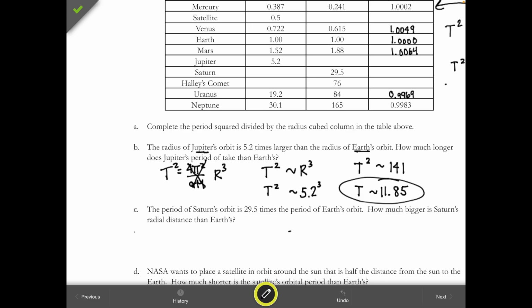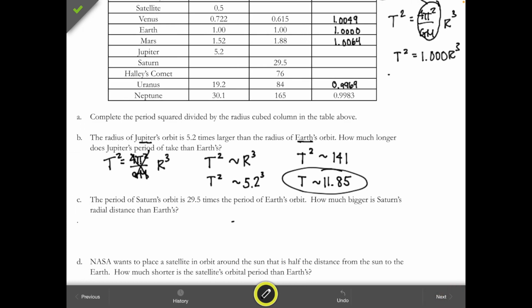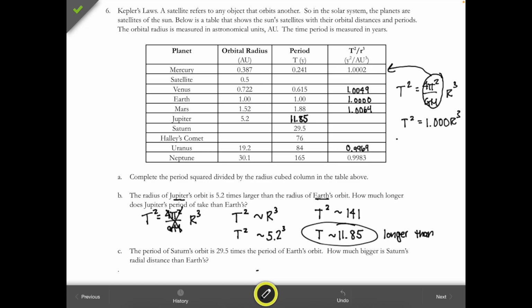How much longer is Jupiter's period than Earth's? So the period is 11.85 times longer than Earth. It takes Jupiter more time to go around the sun than Earth because its distance is farther out. So I can put 11.85 in the chart right here. And that kind of makes sense because we're going in order from things close to the sun.